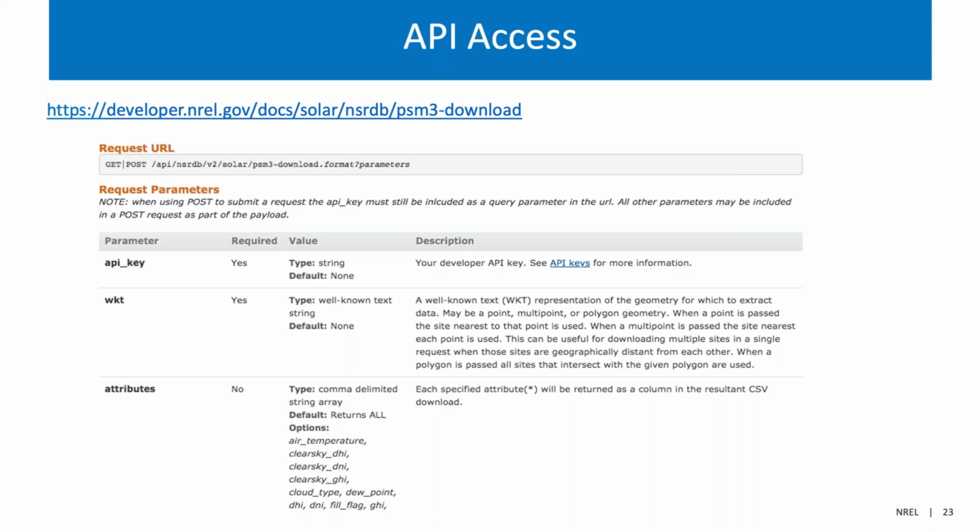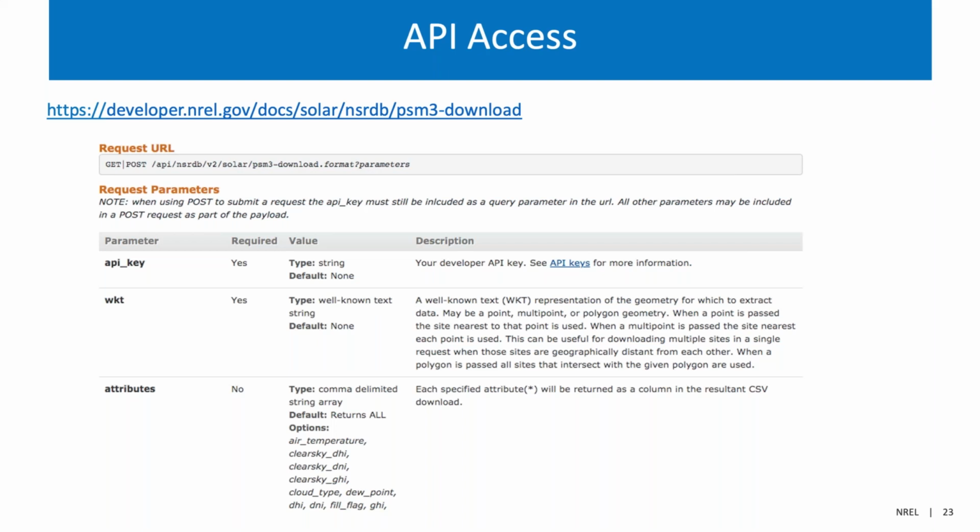I see the API's sweet spot as being for users who want a lot of data, but not massive amounts of data, and who are looking for an easy way to, say, write a script that can loop over a set of points and download data for those points.